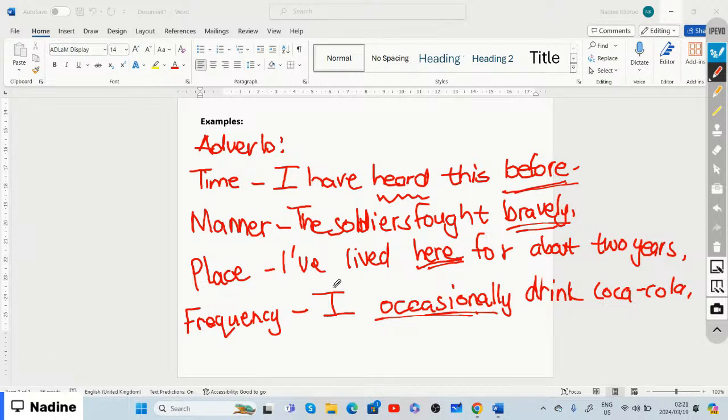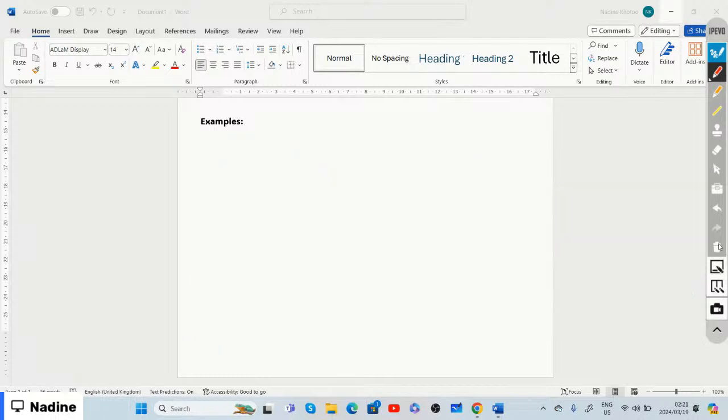So basically, okay, let me remove that. Adverbs describe either how, when, where, or to what extent something occurs, and that is the same as saying adverb of time, adverb of manner, frequency, and place. So I'm gonna write it here.